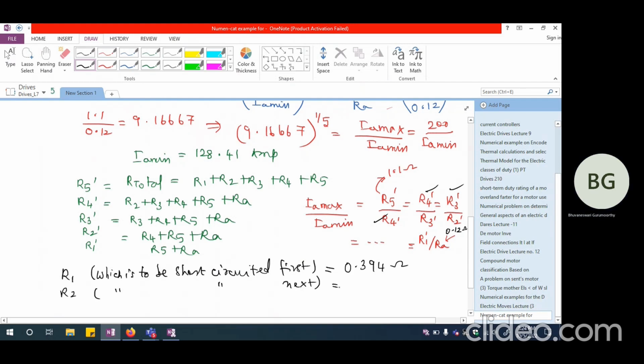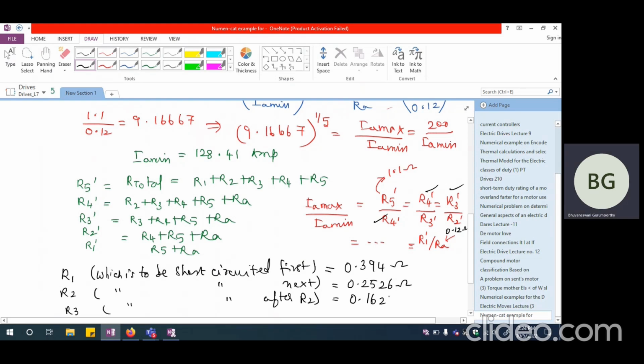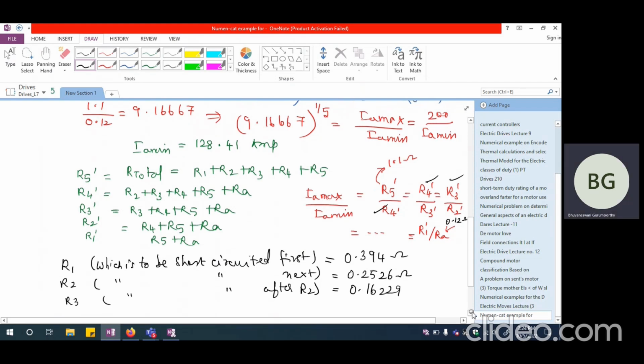after R1. So that comes out to be 0.2526 ohm. Similarly, R3, which is to be short circuited after R2, comes out to be 0.16229. Okay.